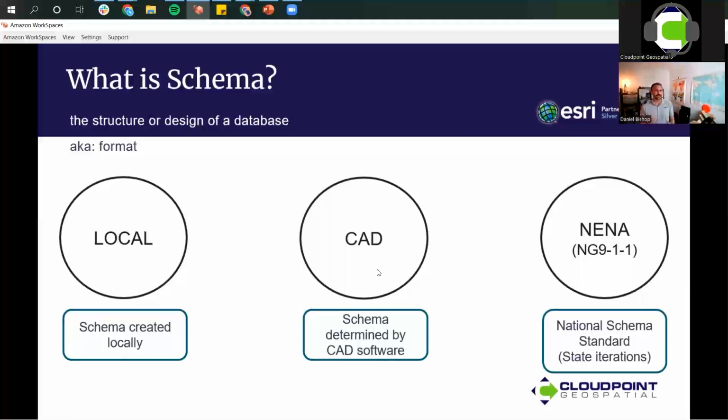And then each individual state will have an iteration off of that standard, always including everything from NENA, but maybe having a few additional fields, which incorporate the unique addressing styles of individual states. We know that individual states have different ways of addressing. So NENA is the base standard, and then the states will have a little bit more complicated schema.